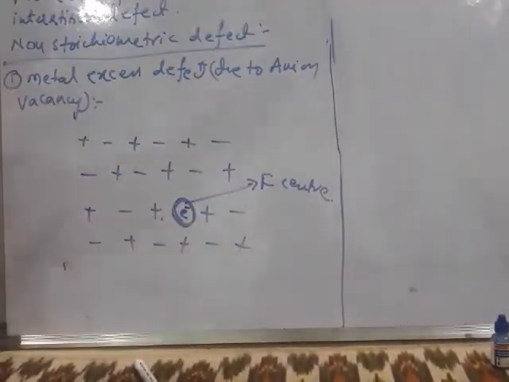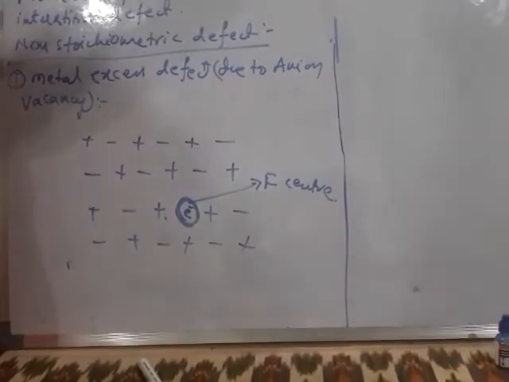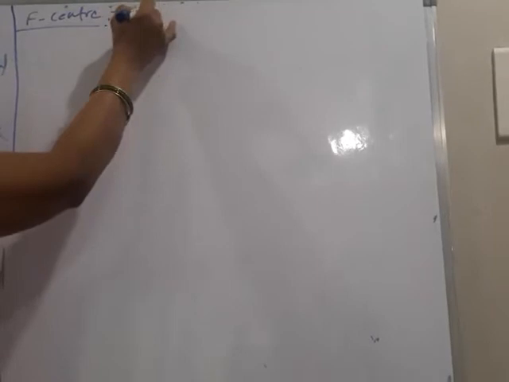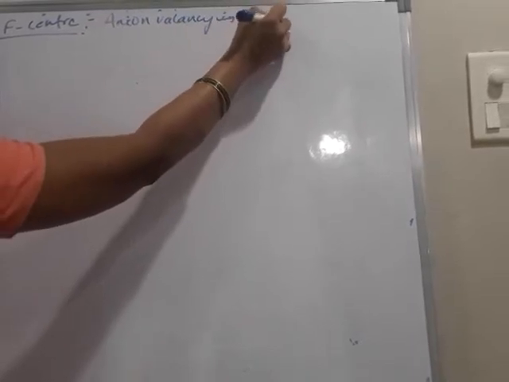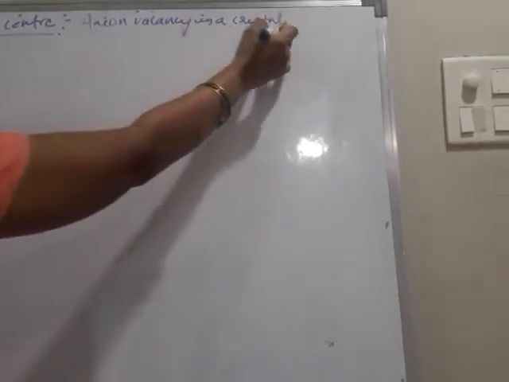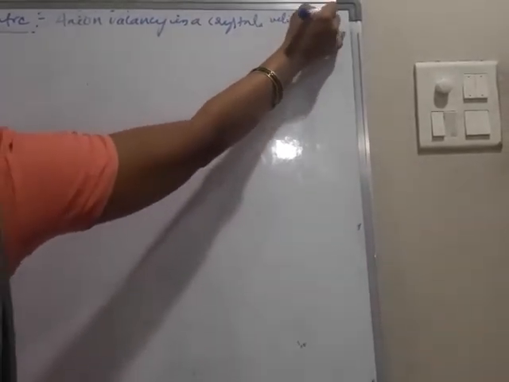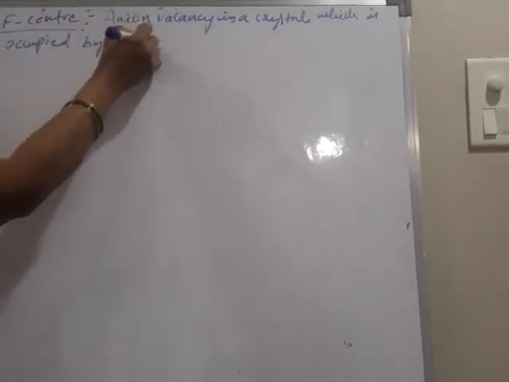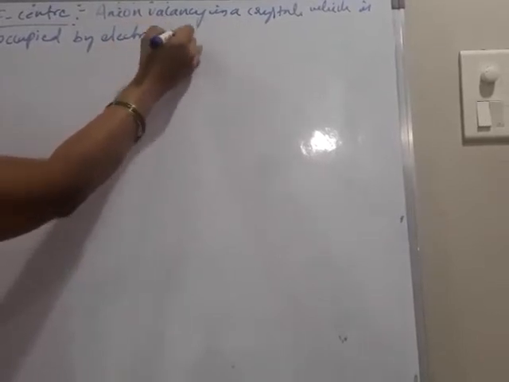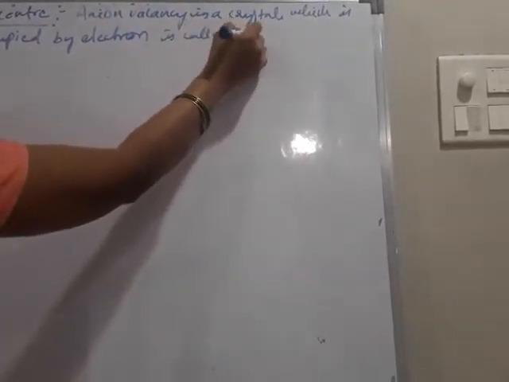So an F center is an anion vacancy in a crystal which is occupied by an electron. That is called an F center.